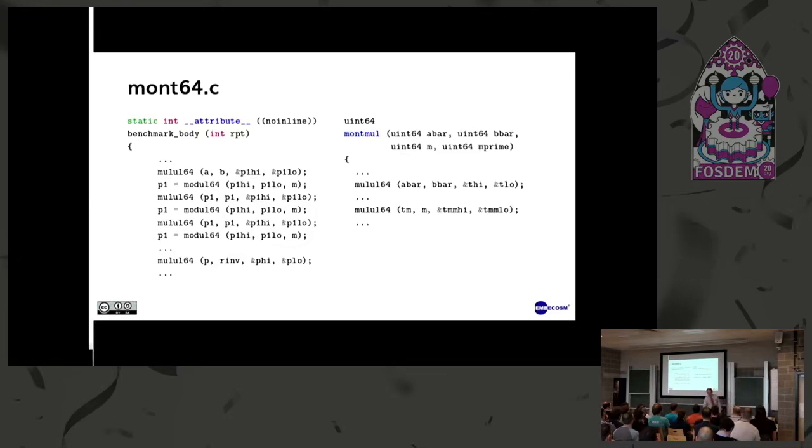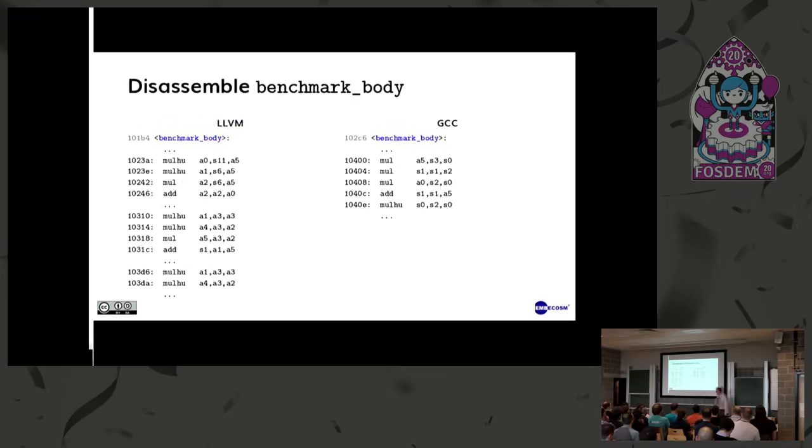Okay, and we see that if we disassemble the benchmark body, you see a series of code sequences that become mulhu, mul, add, and that same sequence appears 3 times, which is the inlining 3 times of the function. Whereas those are the only muls you see at all in benchmark body in GCC, and they're nothing to do with those functions anyway.